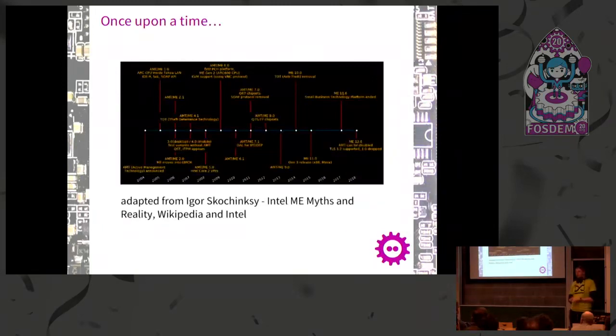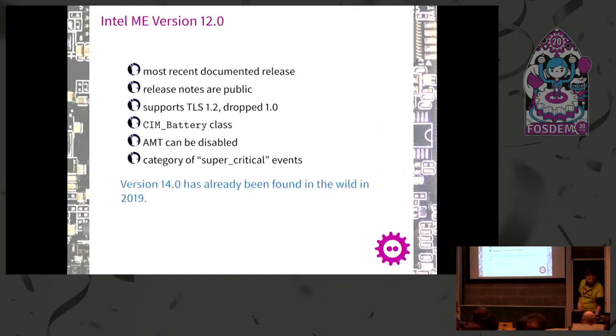Here's a small timeline. It's not necessarily accurate, but this is what I came up with after I read from Igor Skochinsky, who also spoke a lot about ME and reverse engineering. I recommend looking at this slide in detail when you have some time. Version 12 of the Management Engine was released quite a while ago. There is some public documentation about it, not very much, but at least some.